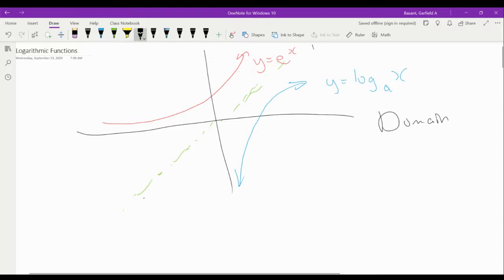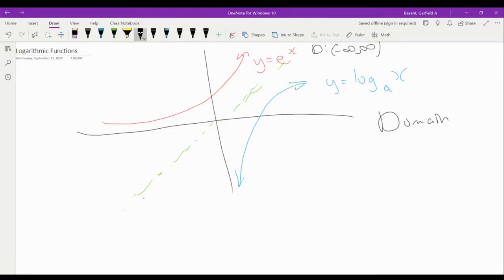And let's go back up here to the exponential function. Do we remember the domain? It was negative infinity to positive infinity.